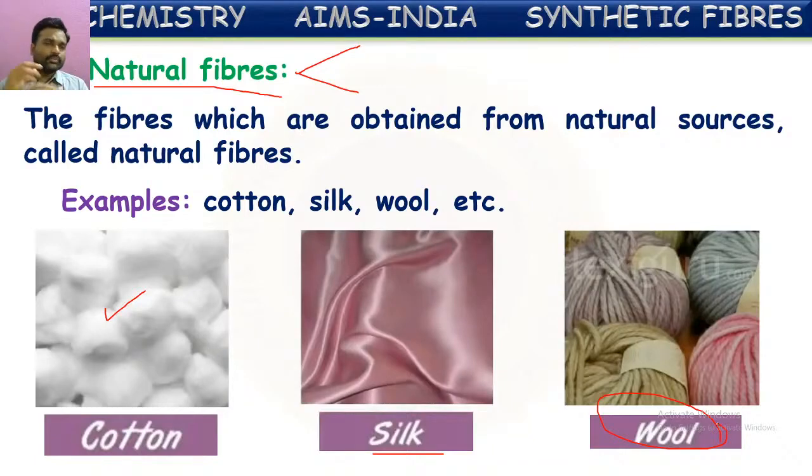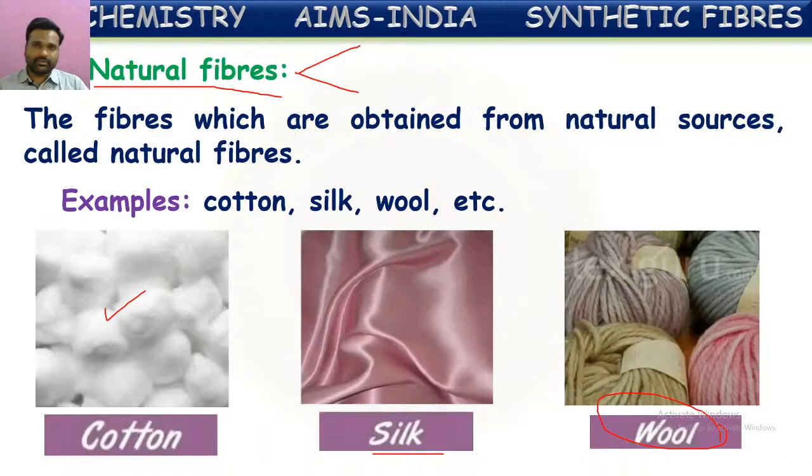Some other examples of natural fibers are jute. Jute is obtained from plants. From the bark of the jute plant, jute fiber is derived. So jute is one of the plant fibers. Coir is also used for making ropes and carpets.